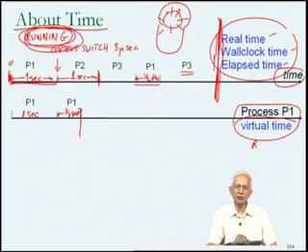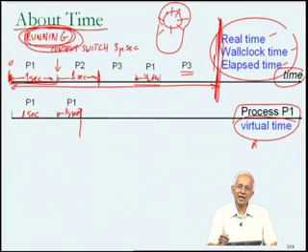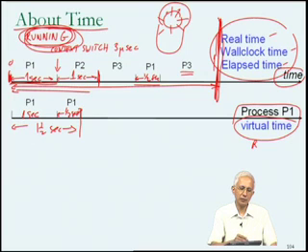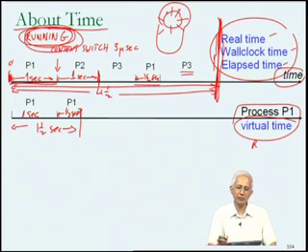So it ran on the CPU for a total of 1.5 seconds in this real time interval. So in the real time interval, let's say it's 1, 2, 3, 4, 4.5 seconds, process P1 ran for an interval of 1.5 seconds.